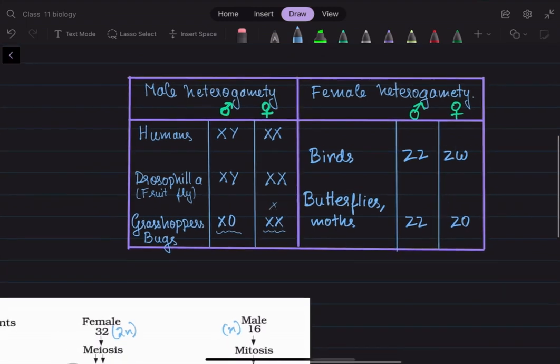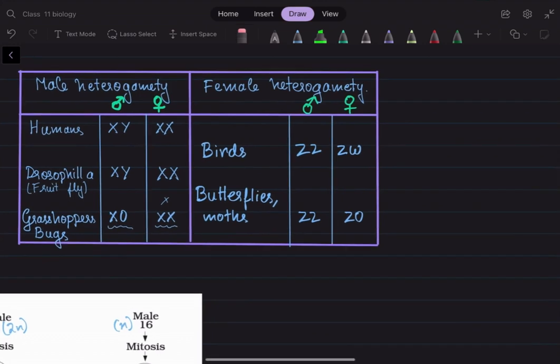So you see, the gametes that are produced in male heterogamety are always two kinds, right? That is why the name heterogamety; hetero means different. So the male bears two different kinds of gametes. That's why we call it male heterogamety.